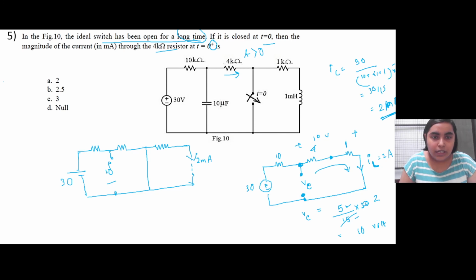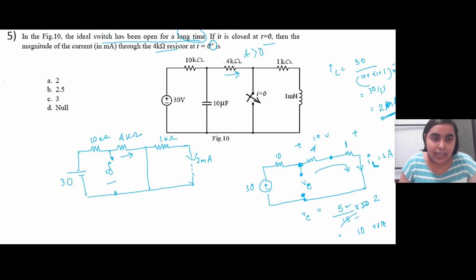Now just when the switch has just been closed, what will be the new current that is flowing through this particular 4 kilo ohm resistor? This is 10, and this is 1.